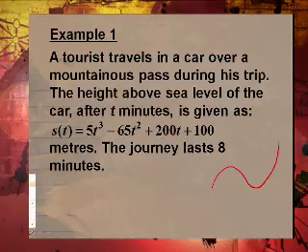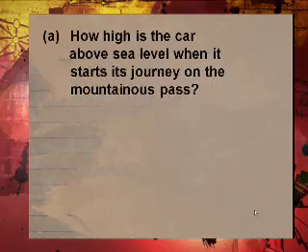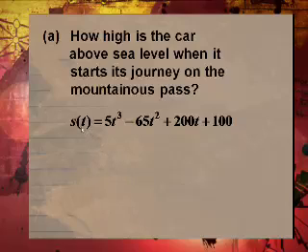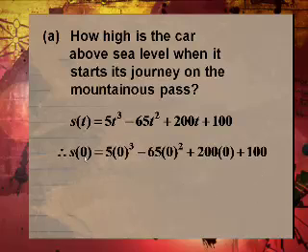So he's traveling, and we want to answer some questions about this. There's the equation. The journey lasts 8 minutes. How high is the car above sea level when it started its journey on the mountainous pass? What happens as it starts its journey? The time is 0.